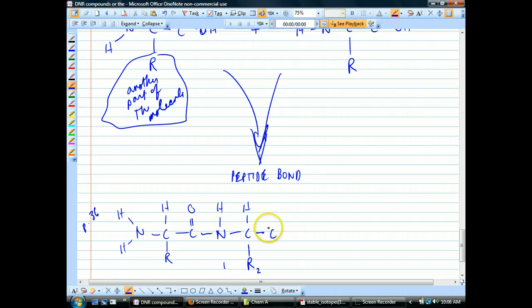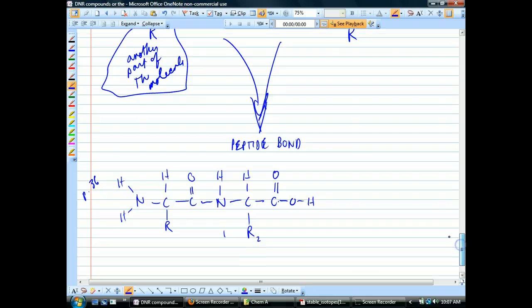Got this? You guys got this. This is like a really small protein just made of 2 amino acids. So here we have, where did they join? They joined right here, between the N and the C. This is 1 amino acid.